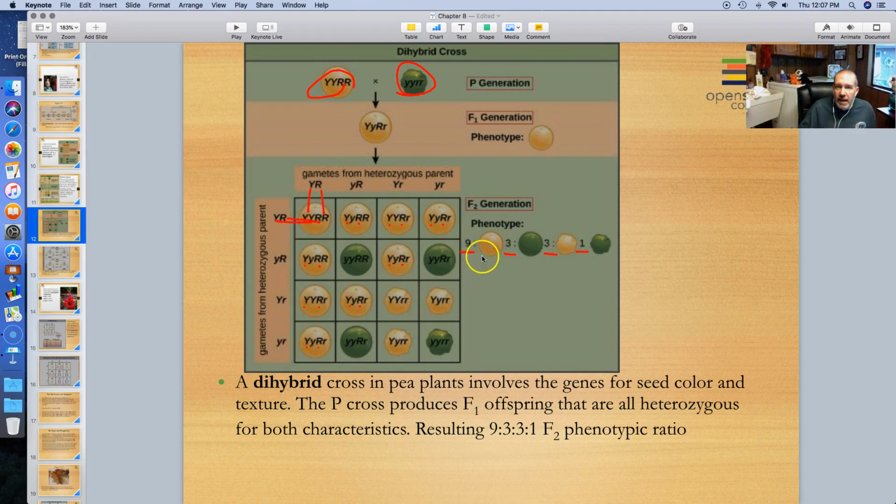So again, you can count that out, and there are 9 of those. In this case, each of these have just one dominant allele for the smooth or round shape. So they're still round, but they carry both recessive alleles for the color, which is why these are all green.